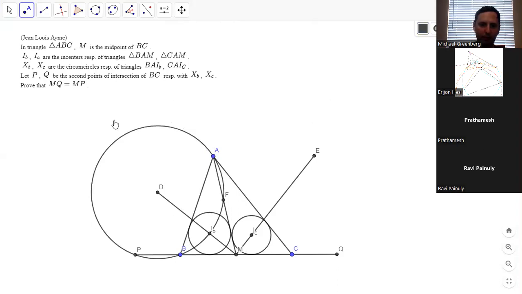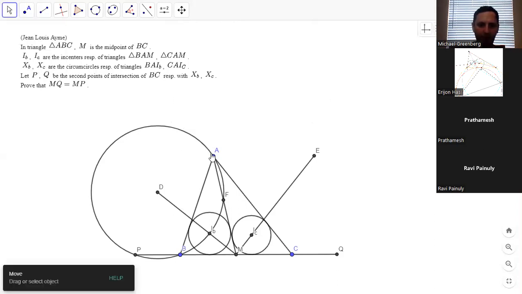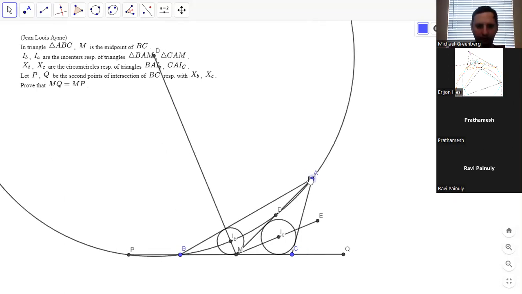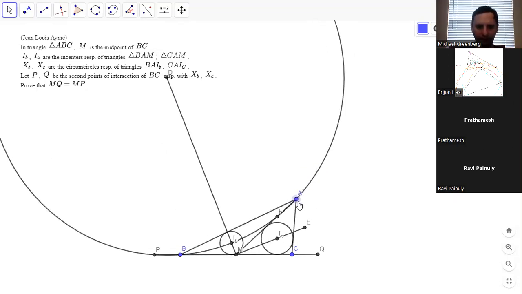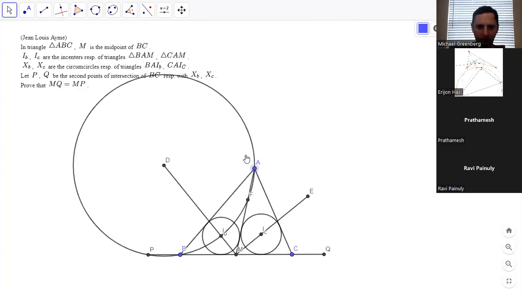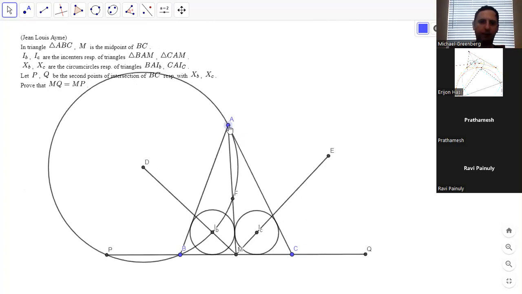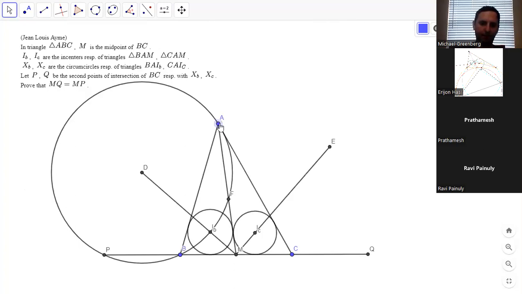But I don't even know, let me try something. Let me see if these are really, it looks like these are collinear, right? I don't think that's a mistake. I think they're collinear, but is that obvious? PFAB must be an isosceles trapezoid. If they are, yeah.